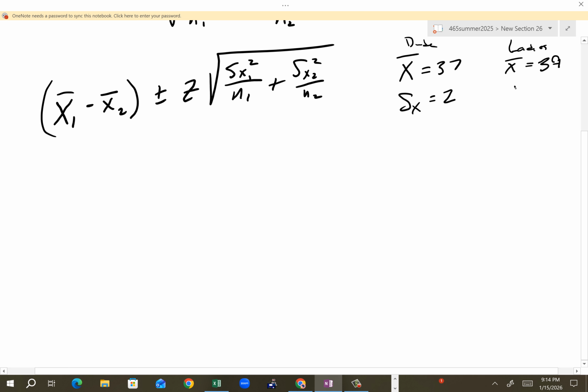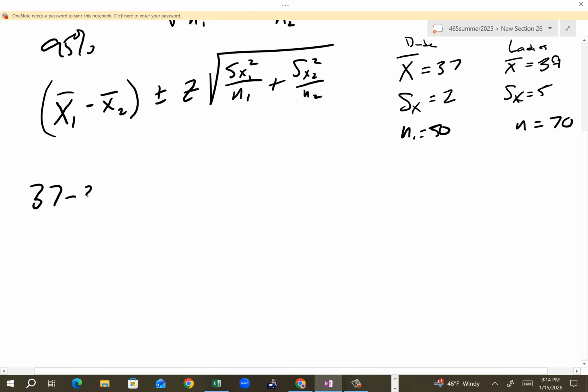And SX is 5. I want a 95% confidence interval. Let's go. By the way, N equals 50 and N equals 70. Why did I do more ladies? Because I want to meet the ladies. It doesn't matter.